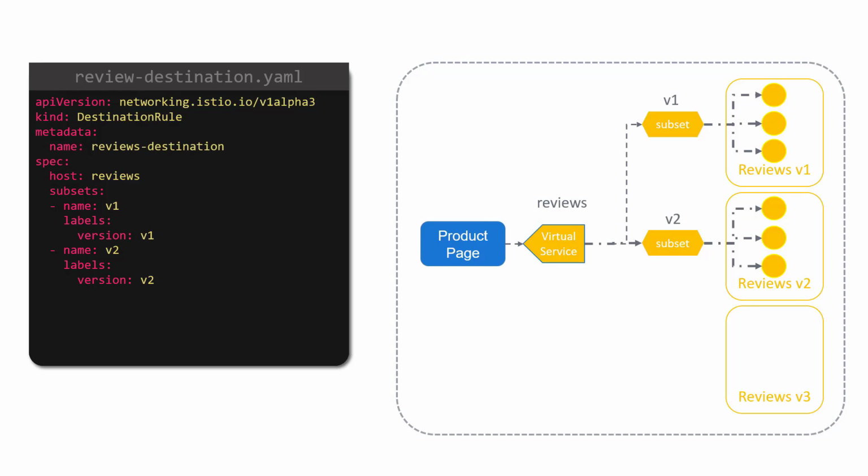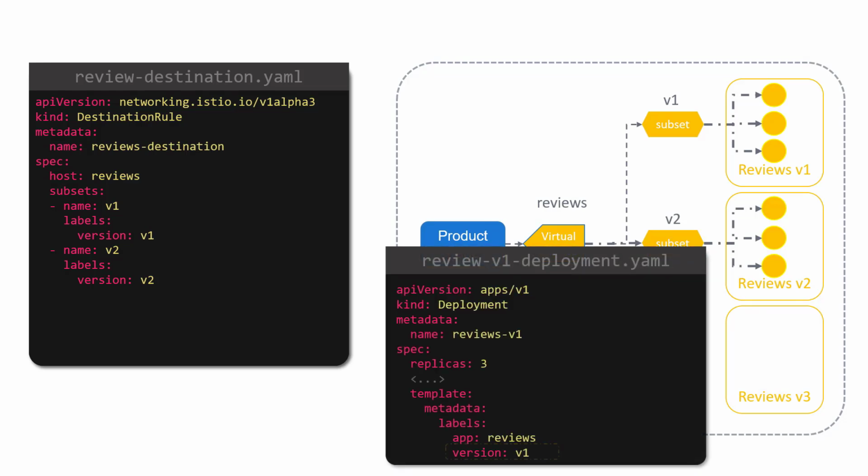We set the version to v1 and v2 respectively. These are the labels set on the pods for the respective version of the reviews deployment. This is how we define separate subsets of services so that we can control the amount of traffic going to each subset.